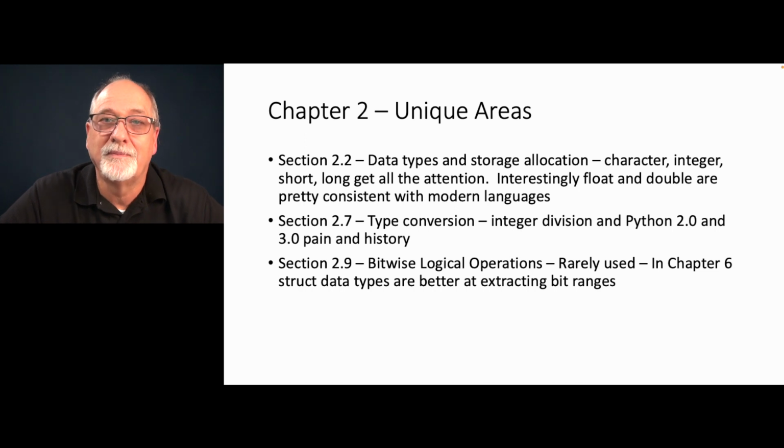Type conversion. And then there's a story that connects integer division in Python 2 and all that pain of Python 3 and how division changed and why it was the way it was. And again, it has to do with performance and simple decisions that got made, sadly. Bitwise logical operations, we'll talk about them. You're probably not going to use them, but it's really important in a historical context to understand why they were so thorough.